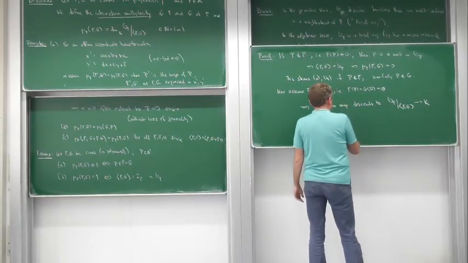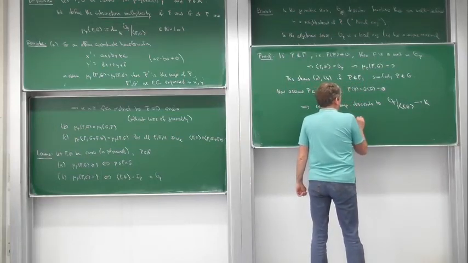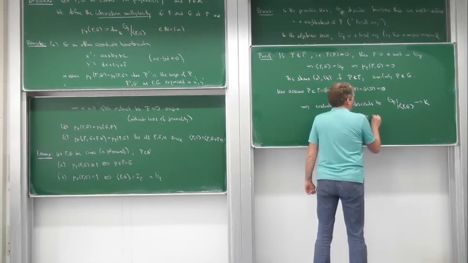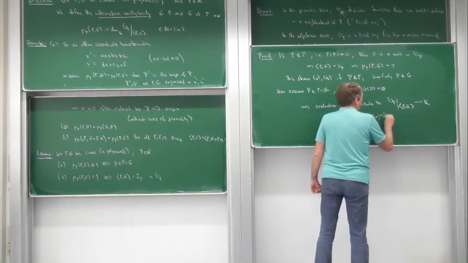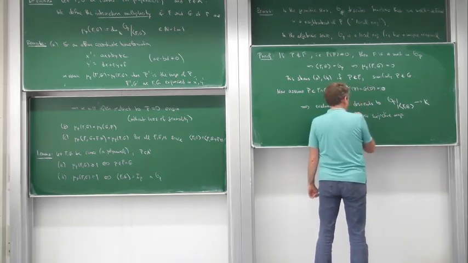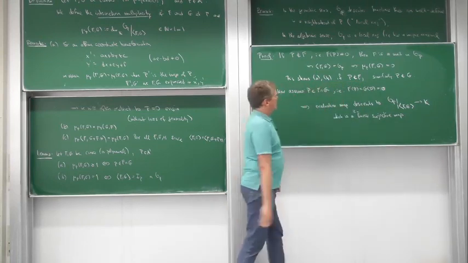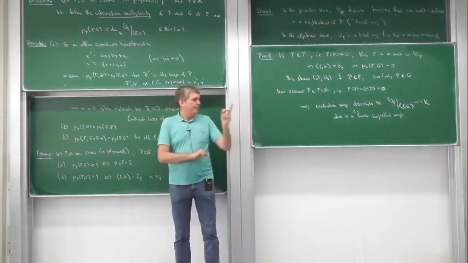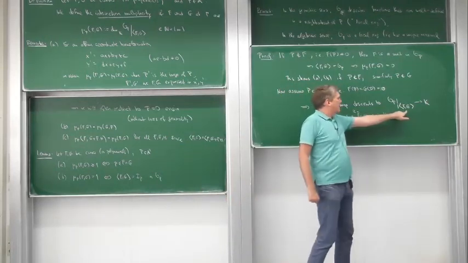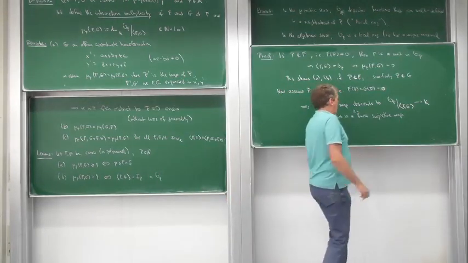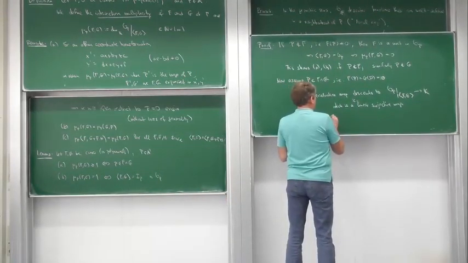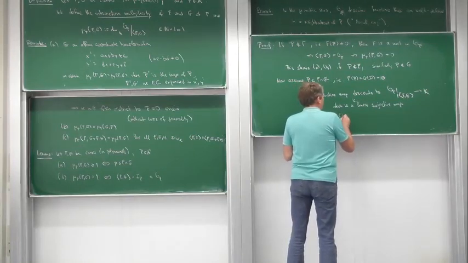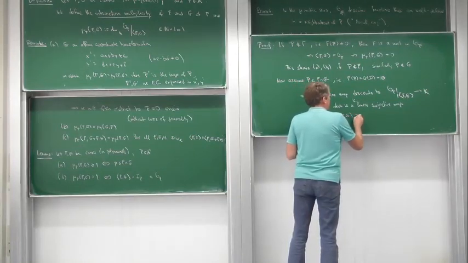It is a linear surjective map, linear in the sense of vector spaces, and that's only possible if the dimension of that vector space is at least 1. And that dimension was by definition μP. And so μP of F and G is at least 1.